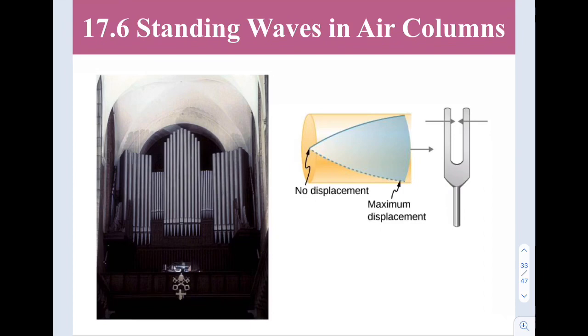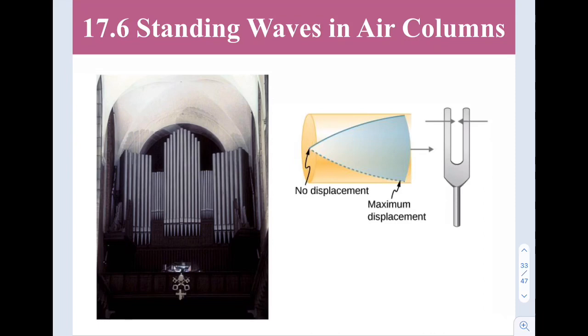Please refer to section 16.6. The closed end of the air column corresponds to a pressure antinode. So it's opposite: the displacement is going to be a displacement node, but for pressure it is going to be a pressure antinode, that is, the point of maximum pressure variation.